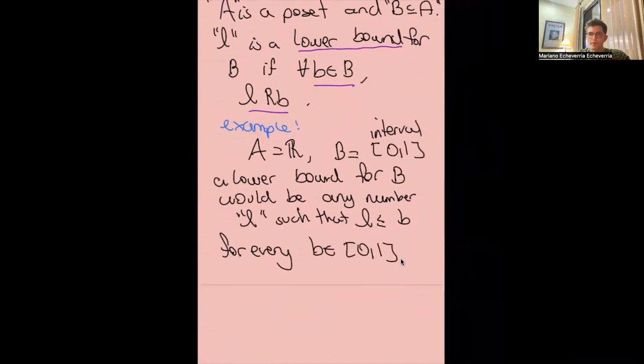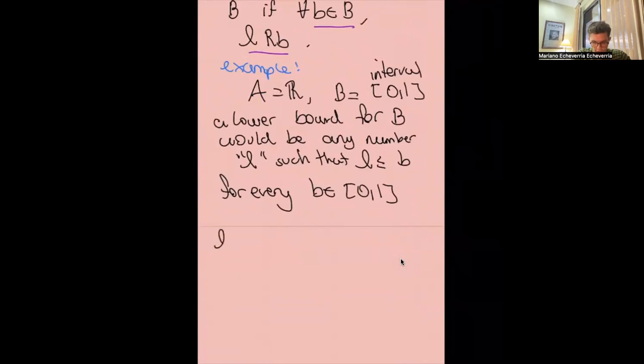So what is a lower bound for this interval? Well, L would be, for example, -1, which is smaller than any element in the interval [0, 1]. -3/2 also works. What is another number smaller than any element in [0, 1]? Well, -5, for example. They all work, right?